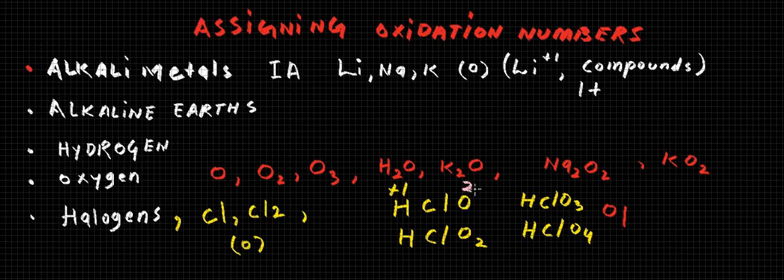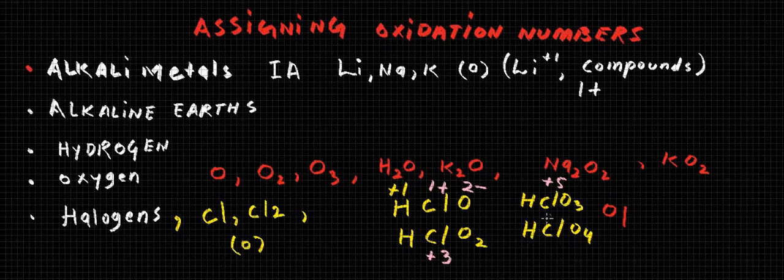Oxygen will have -2 as in its compounds, and chlorine will have a +1 oxidation state because the overall charge is 0. Similarly, if we calculate here, it will be +3. If we calculate here, it will be +5.